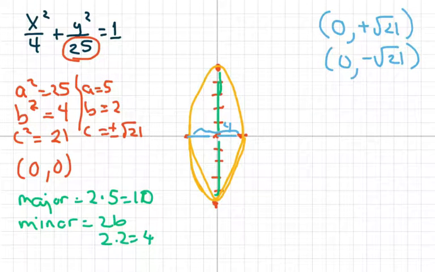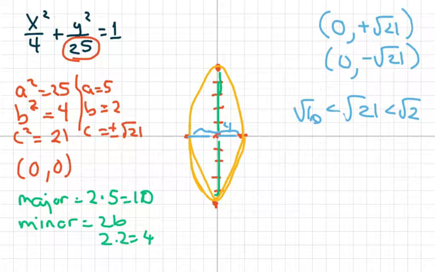And since I don't use the calculator that much, what I do is I know that the square root of 21 is in between the square root of 16 and the square root of 25. So it's in between 4 and 5.